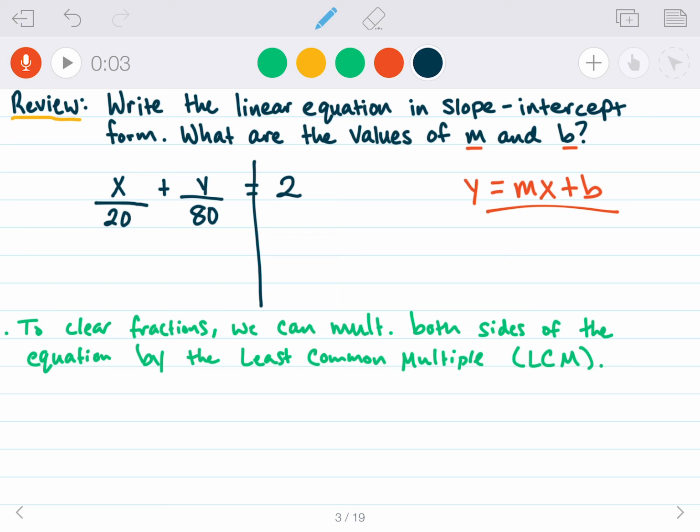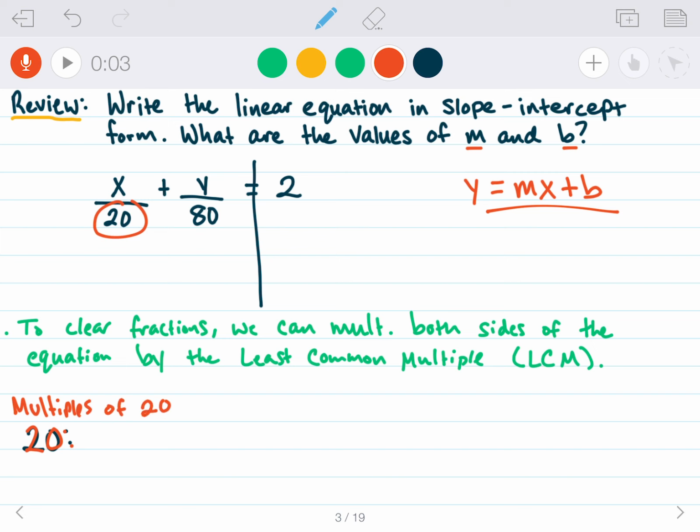Well, what's a multiple? A multiple is basically you're taking a number and multiplying it by 1, by 2, by 3, by 4. All of those numbers, when you do that multiplication, are multiples. So for example, if we look at 20, that's our first denominator, and I'm considering multiples of 20.